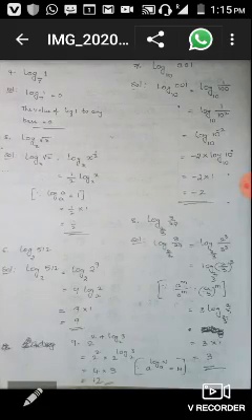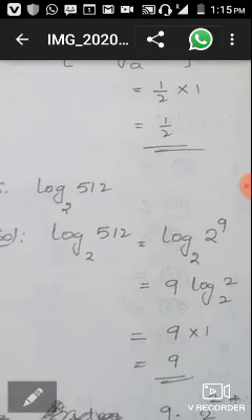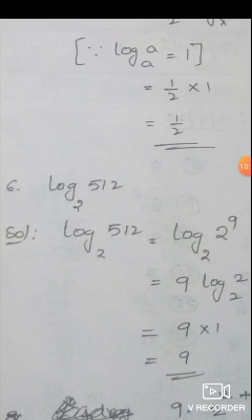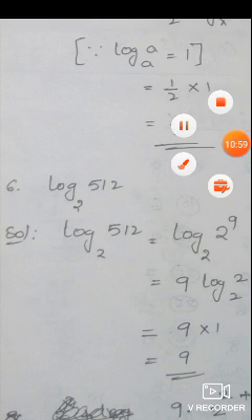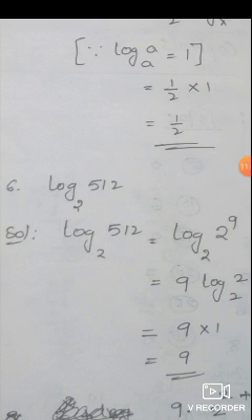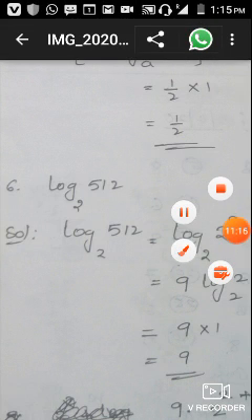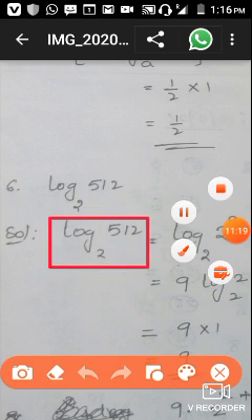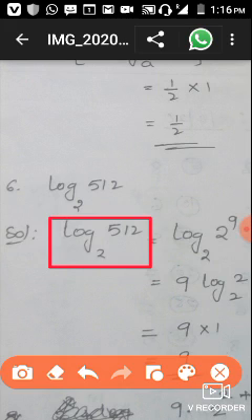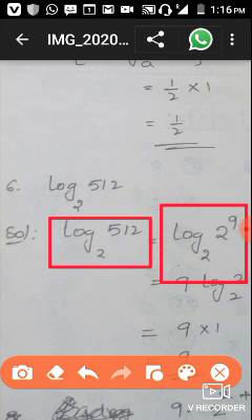Next question: log 512 for base 2. This is the question. We can write 512 as 2 to the power of 9, with the same base 2.